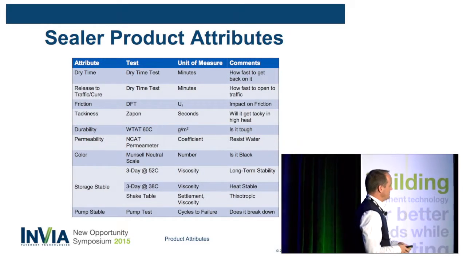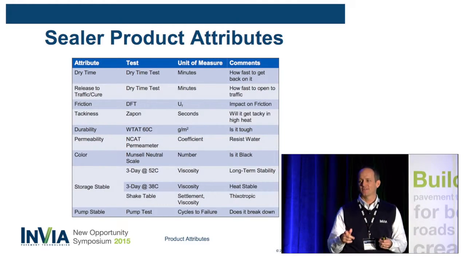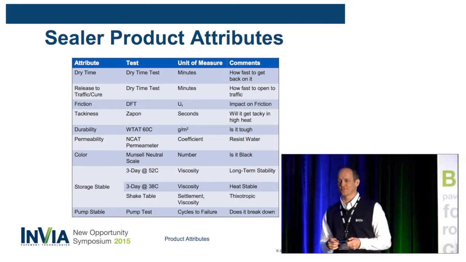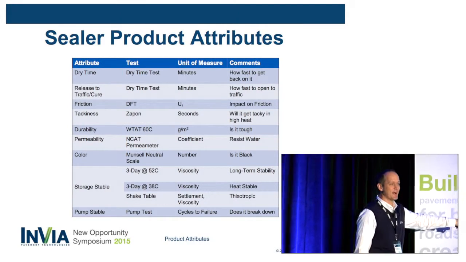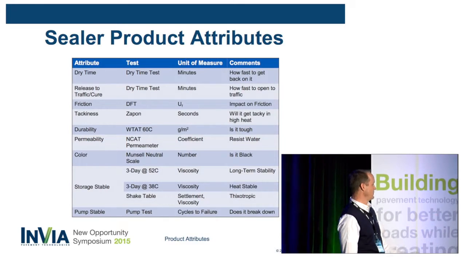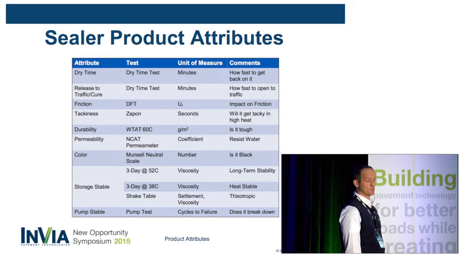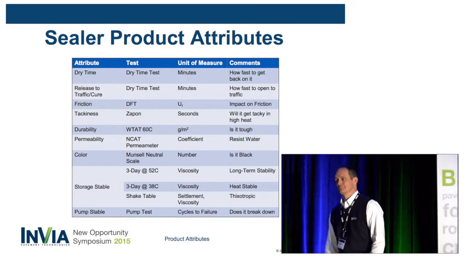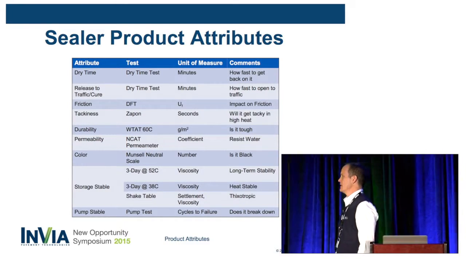And then at the bottom, for our applicators and the guys that are licensees who are responsible for making this stuff, this is the stuff that is really important to you guys. Is it storage stable? Can you transport it? Can you put it in a mixed tank for 1 week or 1 month? Can it go through a filter basket without losing its aggregate or other components of the mastic?